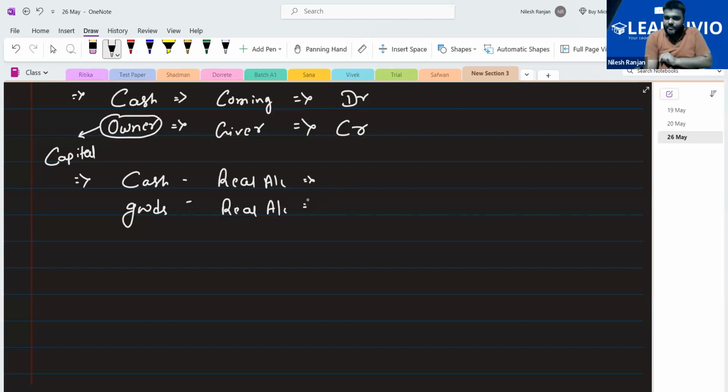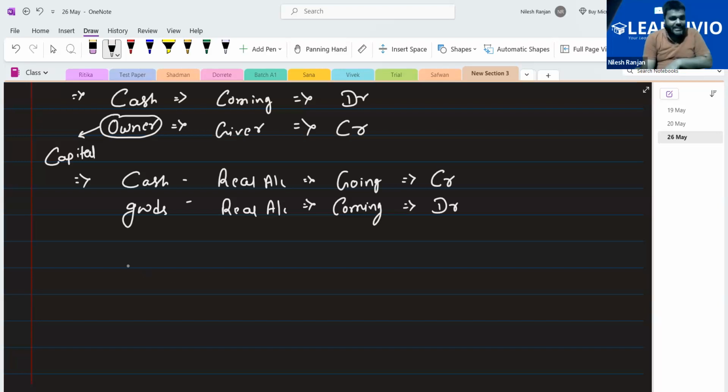If something is not clear in the portion, then you can prepare this. Otherwise, no need. So cash account is a real account, goods is also a real account, and cash is going because we are purchasing goods, so goods are coming. Goods will be debited and cash will be credited.